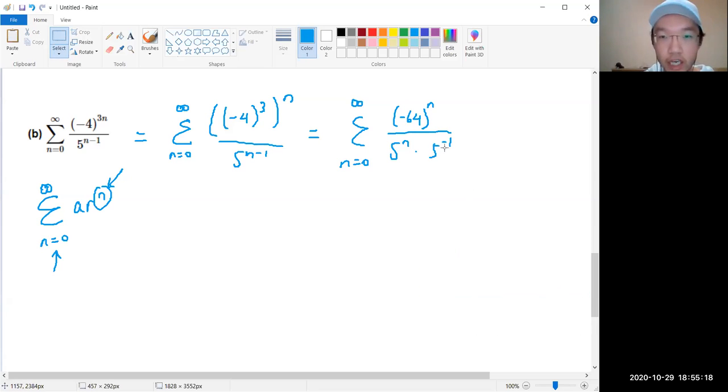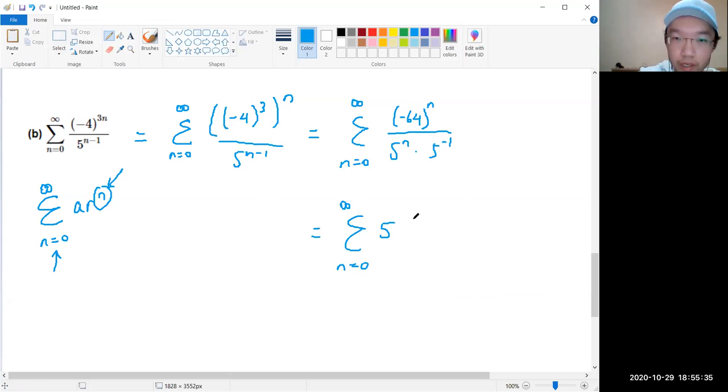5 to the -1 power, that's just 5 in the numerator, right? So let me write it in the front. I'll just keep it inside the summation. So this is 5, and then we have -64 to the nth power. On the bottom, we have 5 to the nth power.